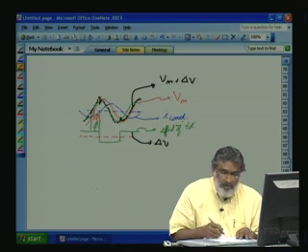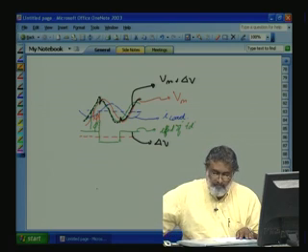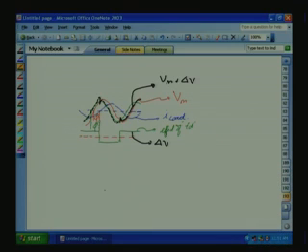So let us look at the phasor diagram, how it looks. We can draw the phasor diagram here. Let us see, this is our reference VM.